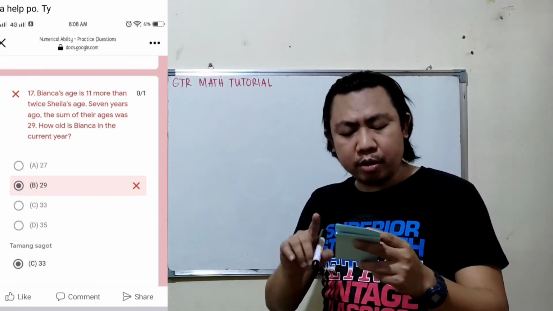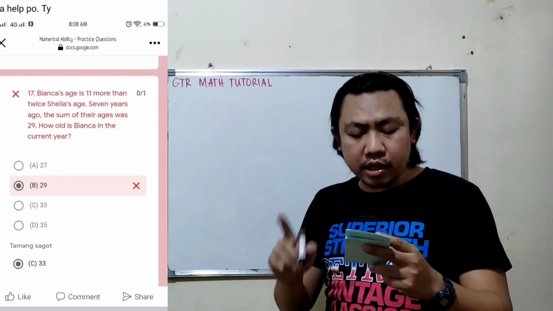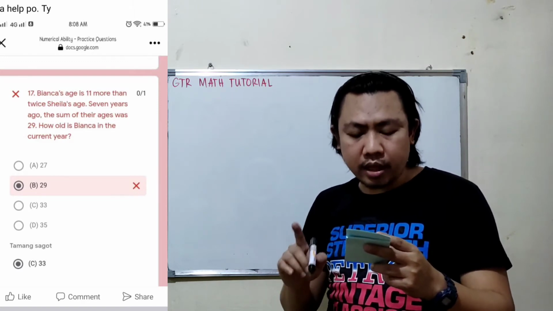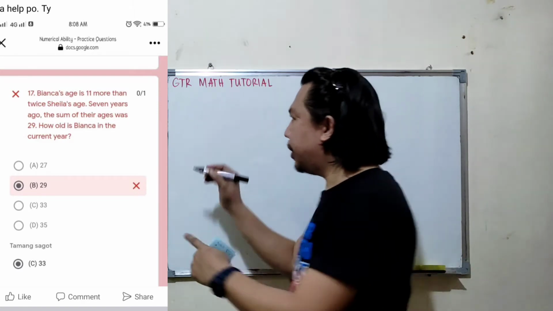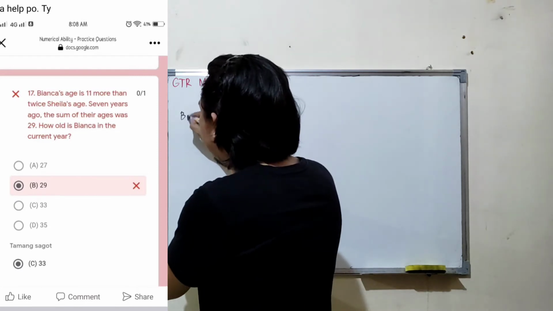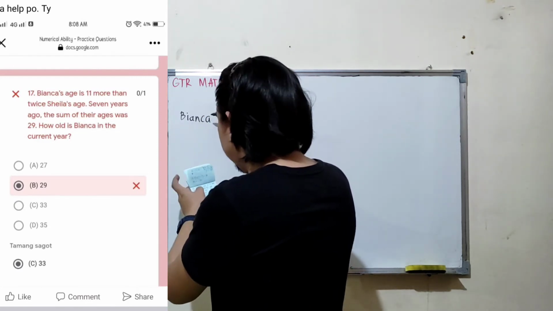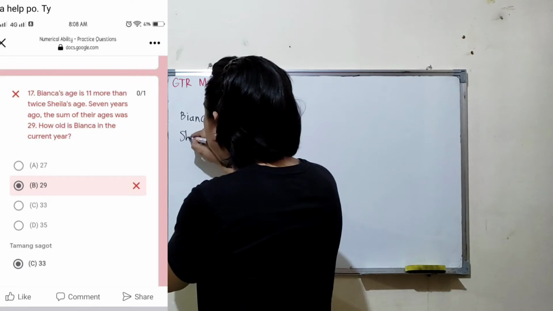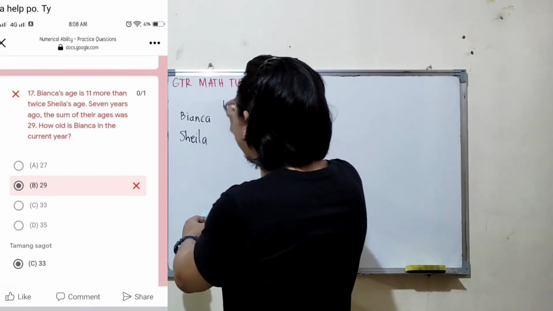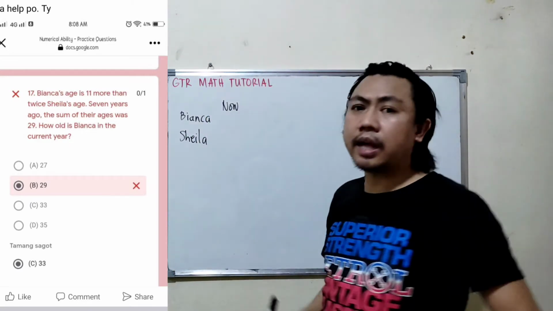Bianca's age is 11 more than twice Sheila's age. 7 years ago, the sum of their ages was 29. How old is Bianca in the current year? So, lagyan natin Bianca and Sheila. So, hindi natin alam ang kanilang age now. Hindi natin alam pareha.